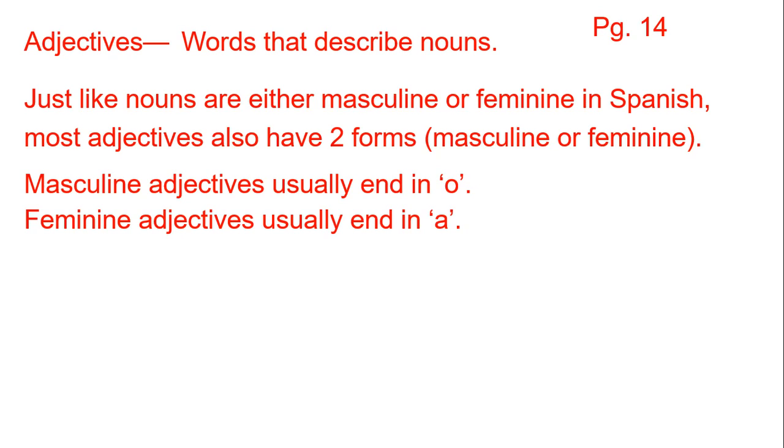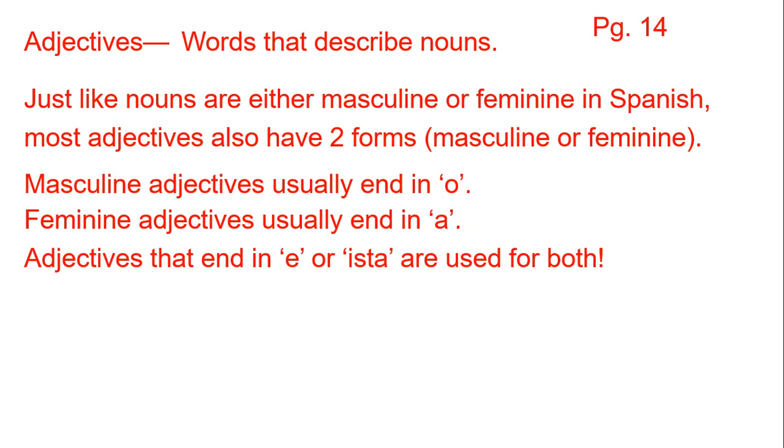So if you noticed in your vocab list, all of the ones that ended in O, there was a little dash A after it. And that's telling us that if we're talking about a female, we need to change that O to an A. There are some adjectives that are used for everybody. It doesn't matter if you're a guy or a girl. Any adjective that ends in E or ista are used for anyone.